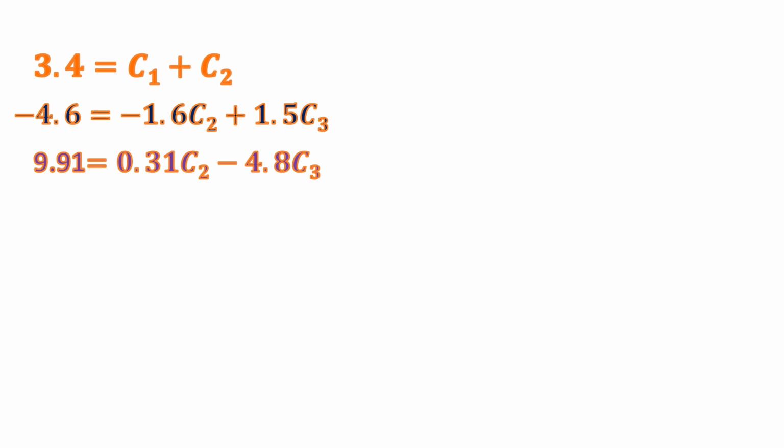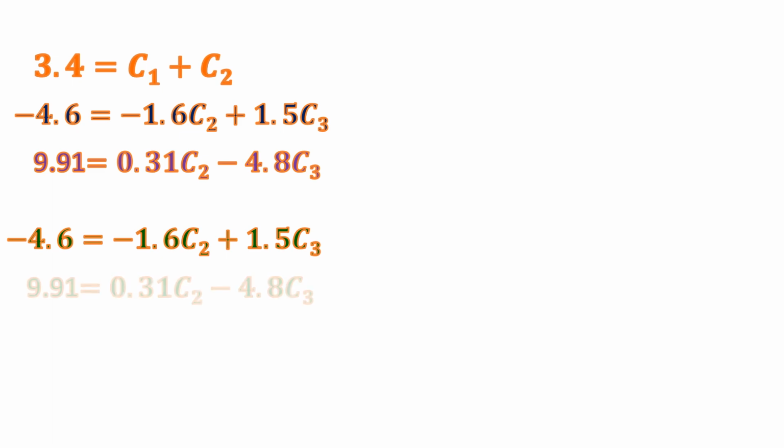So we're going to find the constants by using simultaneous equations. If you can remember, that is actually a grade 8 lesson. We're going to use the elimination method, but you can use any ways of solving as long as you can get the values of C1, C2, and C3.